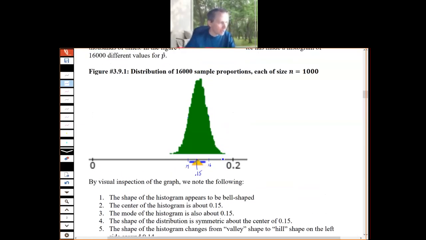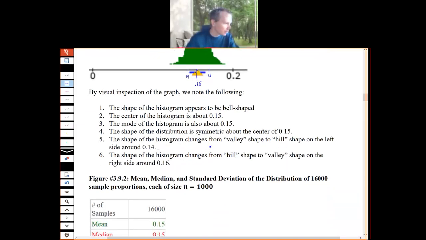Okay. But on a normal curve, the distance from the middle to that inflection point where it changes is the standard deviation. So I can look at this and start to get an idea that this can be approximated by a normal curve where the mean is 0.15 and the standard deviation is 0.01. Okay.